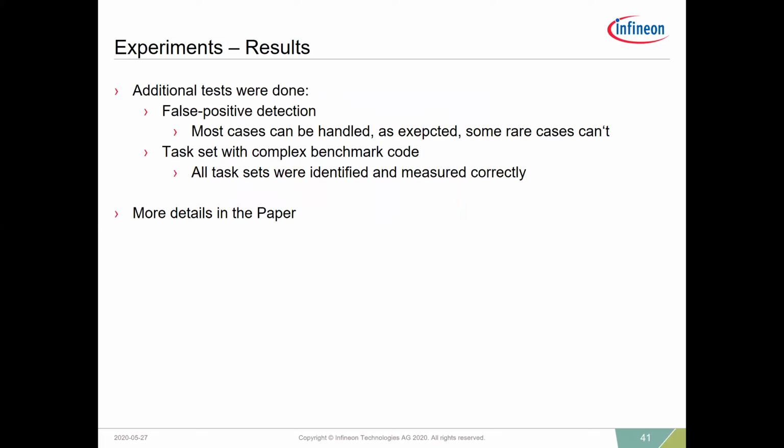So we don't expect that this case ever happens. And we also tested a task set with more complex code from a benchmark suite. And also here we were able to identify and measure everything correctly.